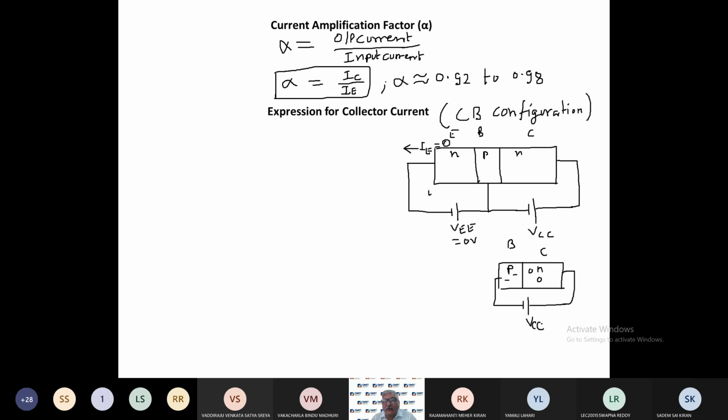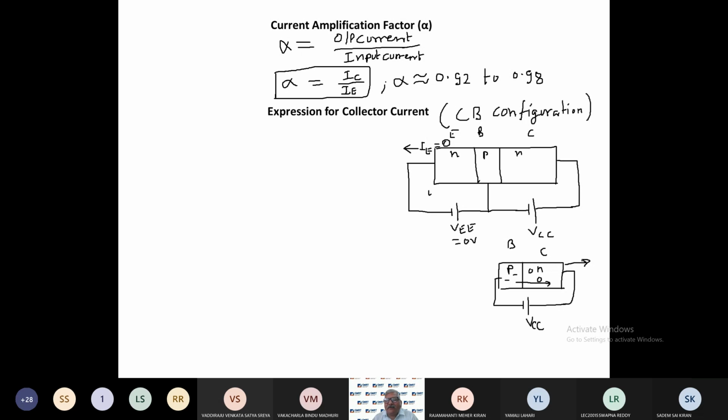We are not talking about majority carriers, only minority carriers. Due to that, the electrons which are minority carriers in p-type will move towards the positive terminal of the collector. So in this way, electrons are moving like this and they will come out, right?